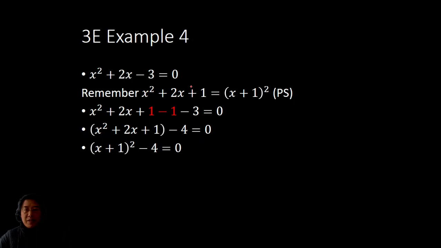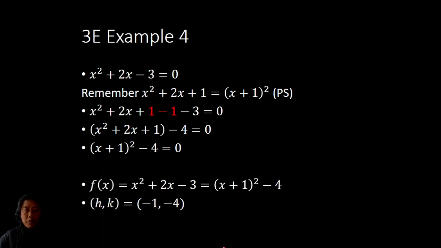Let's revisit the two examples that we used before to solve the quadratic equation. So that equals 0. We introduce the third term. We create a perfect square, and this is this difference of two squares. But let's stop here. And the left-hand side is showing you the turning point form.